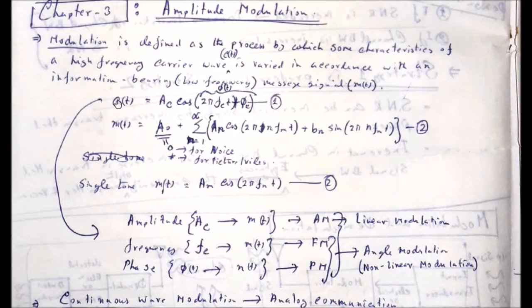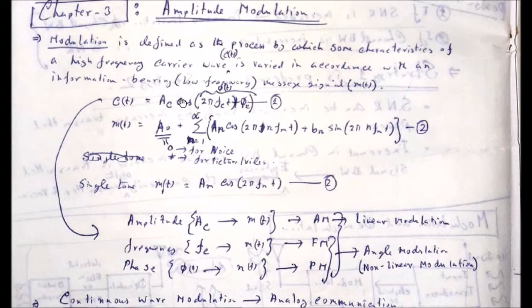Now see that in equation number 1 the form of the carrier signal is shown. c(t) is equal to Ac cos(2π fc t + φc). Ac is the constant amplitude of the carrier signal. I have told you it is a sinusoidal signal; you may consider it as sine or cosine, whatever.